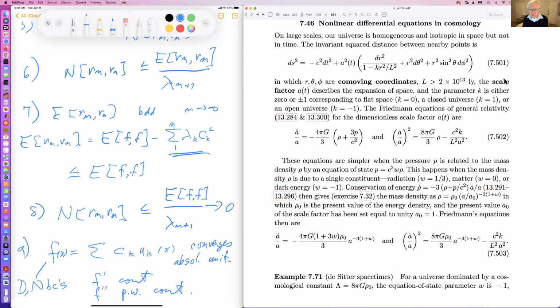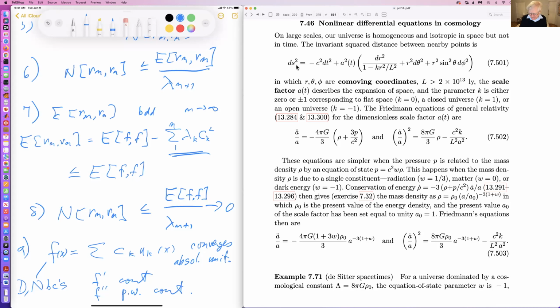And so the standard metric that was introduced by Friedmann, Lemaitre, Robertson and Walker is this metric here. And now, what is ds squared?